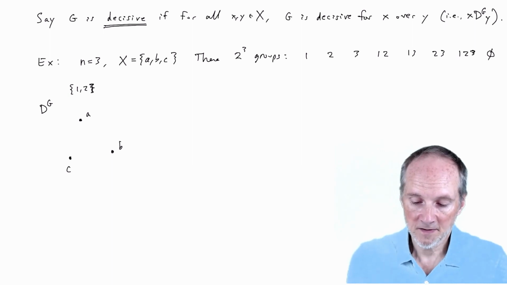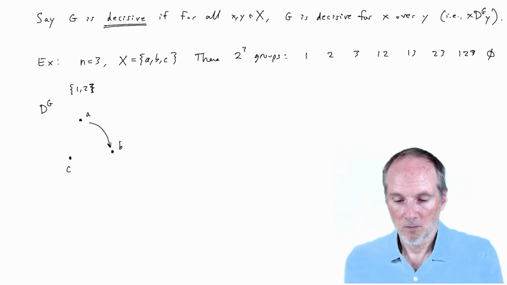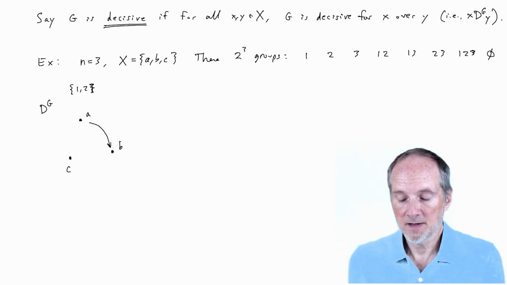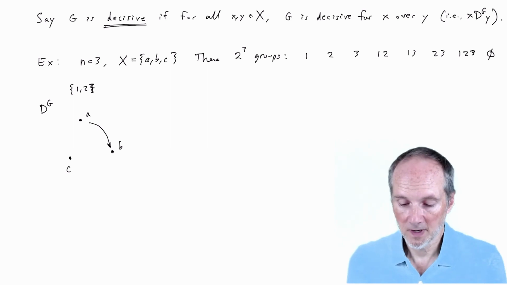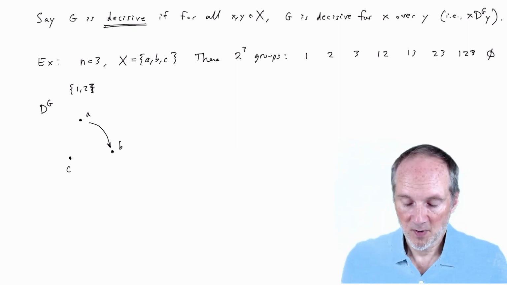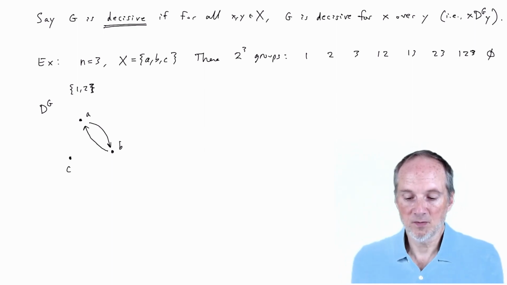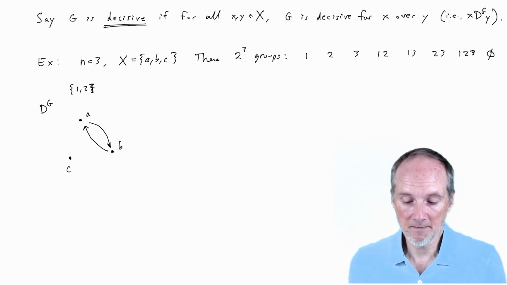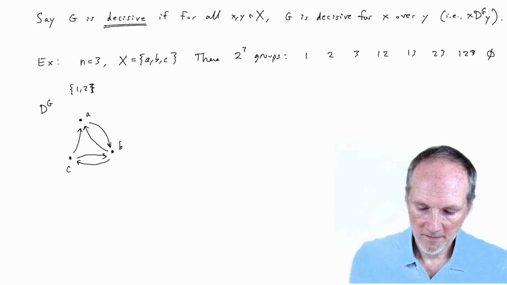The group of 1 and 2, if they prefer A to B, then no matter what the other guy thinks, A is going to beat B in a majority vote. So I'm drawing this arc from A to B. As well, if 1 and 2 both prefer B to A, then B is going to beat A, so I'm going to draw an arc going the opposite way. And that's true for all of these pairs.